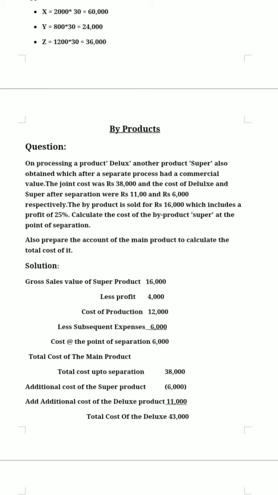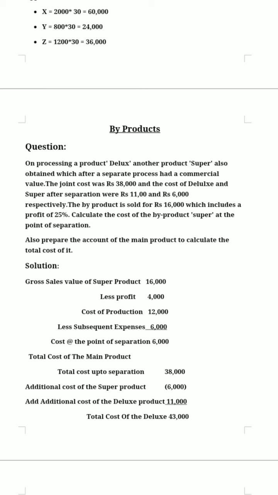Now coming to the second part, the calculation of the cost of the main product. Here the main product is delivers. In the question it was given that the total cost up to the separation was 38,000. From this 38,000 we need to deduct the cost of the byproduct, that is the super product.